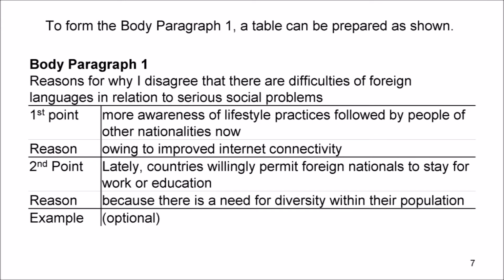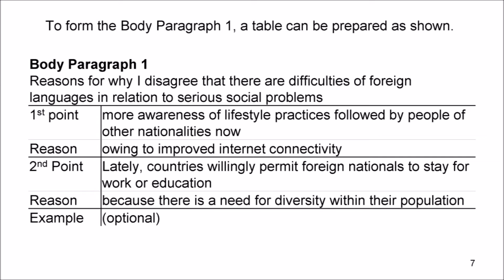To form the body paragraph 1, a table can be prepared as shown. The body paragraph 1, reasons for why I disagree that there are difficulties of foreign languages in relation to serious social problems. I have taken one point: more awareness of lifestyle practices followed by people of other nationalities now.